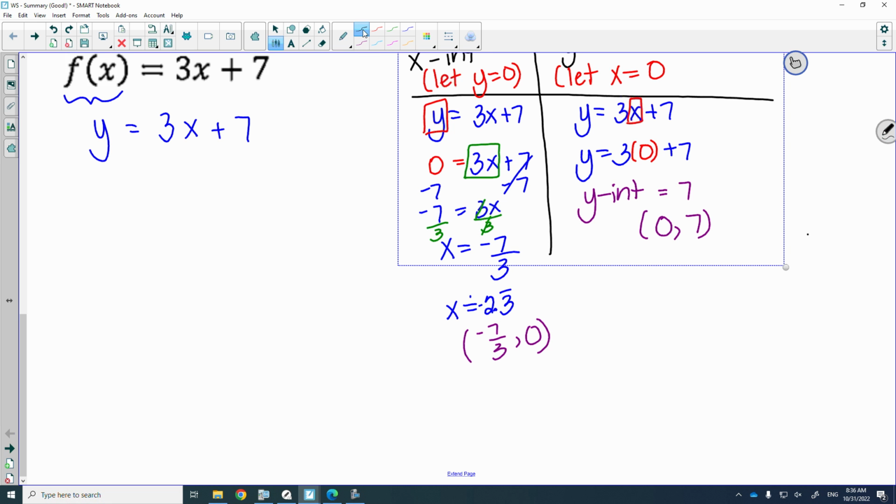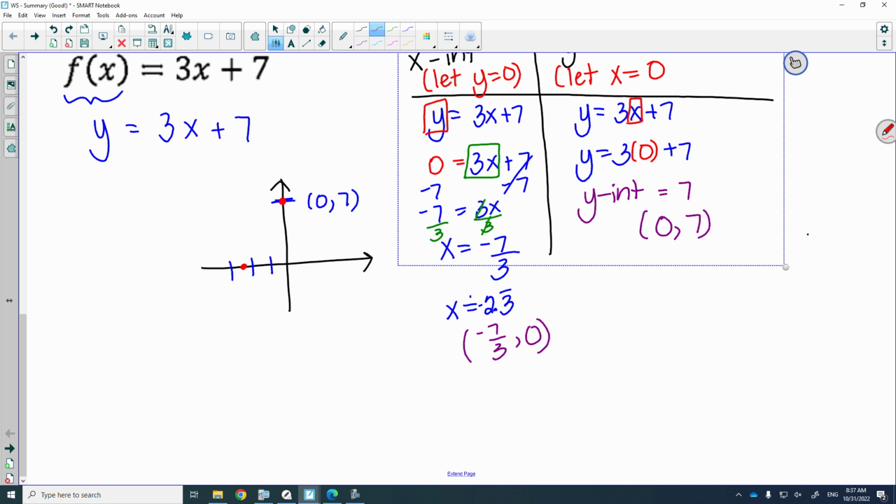If we were to quickly sketch this one, here's what this guy would be. What I'll do is I'll just put this point, and I'll say that that is 0, 7. And then the x-intercept would be -1, -2, -3, and it's about -2.3.